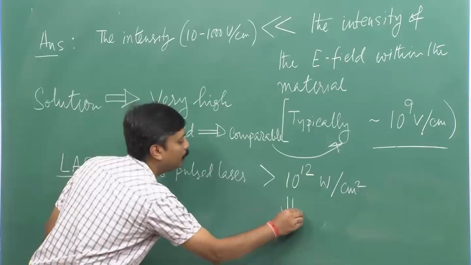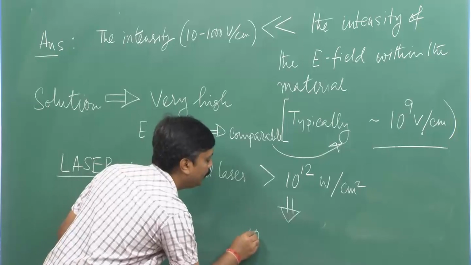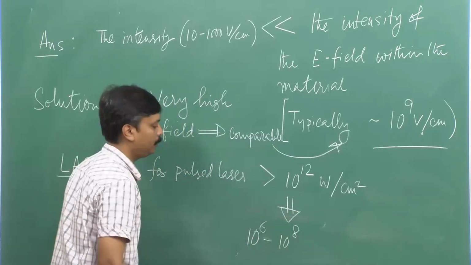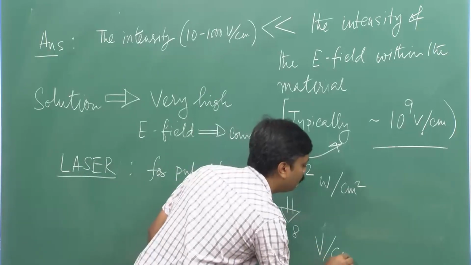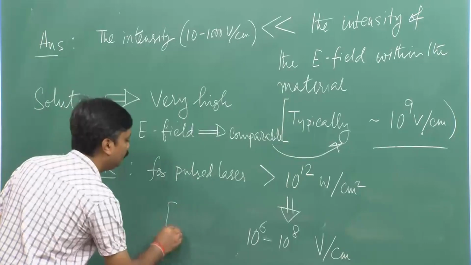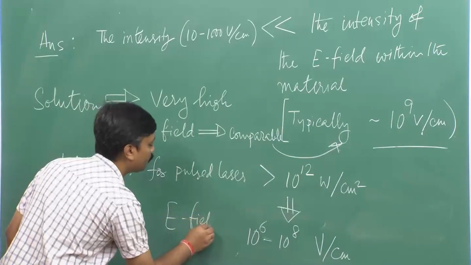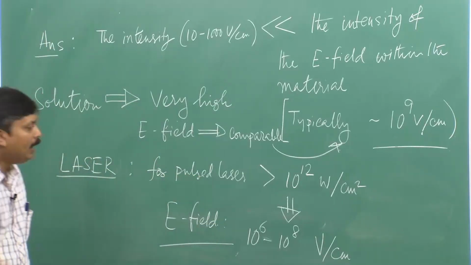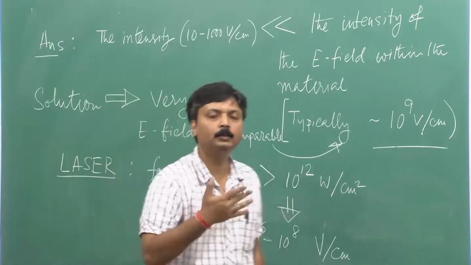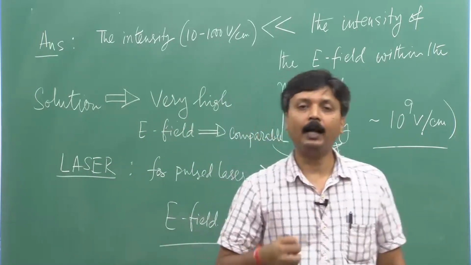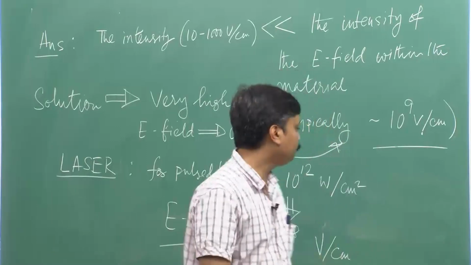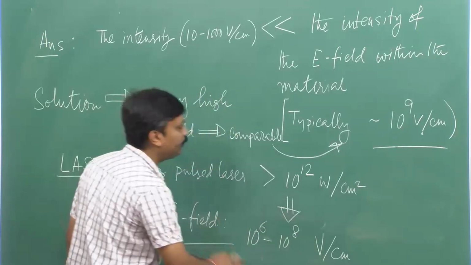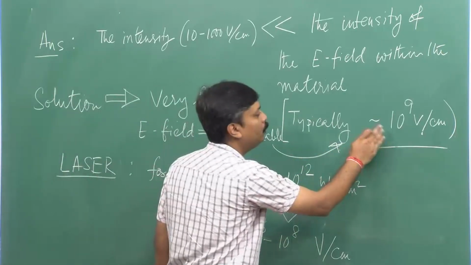This number will be approximately 10 power 6 to 10 power 8 volt per centimeter when I consider the electric field amplitude of the same beam, and I can increase it much more. At least we can focus it and increase the intensity. So, I can achieve an electric field amplitude which is comparable to this number.